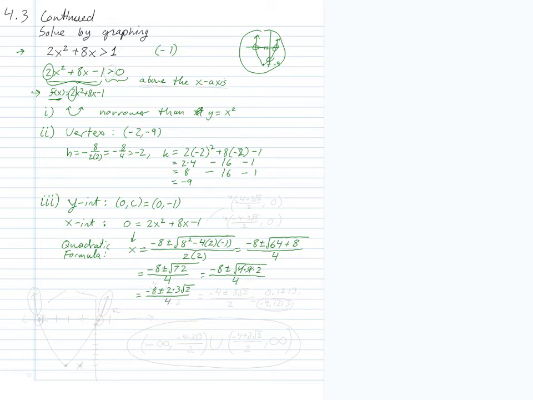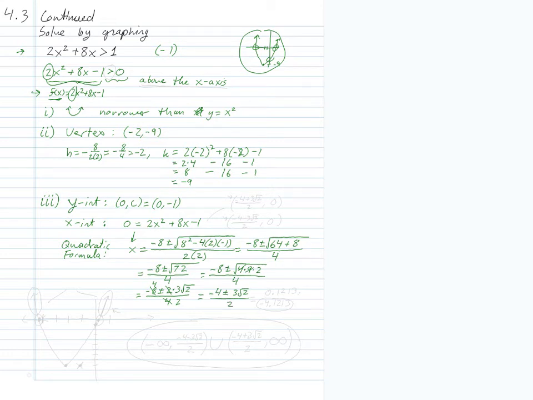At which point I can cancel a 2 from everywhere, and we'll be left with our final, most simple answer for our x-intercepts: negative 4 plus or minus 3 root 2 over 2.